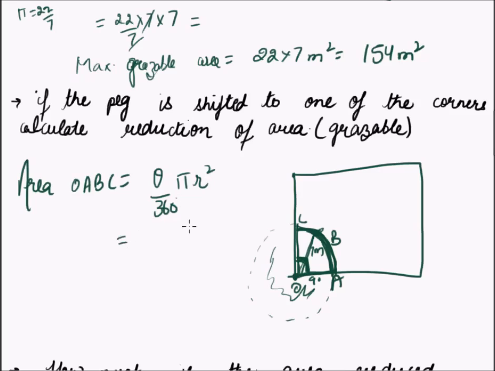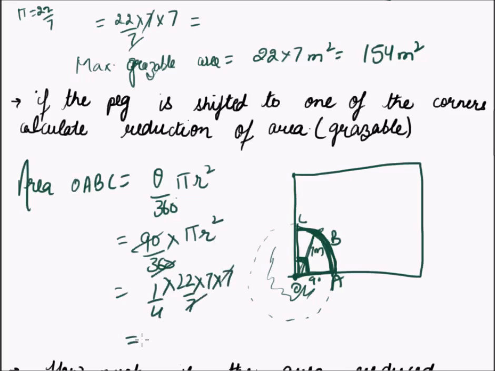Now theta here is 90 degrees, so we have 90 over 360 into pi r square, where r is 7 meters. So it will give us 1 by 4 into 22 by 7 into 7 into 7, which will give us 154 by 4, which is nothing but 38.5 meters squared.